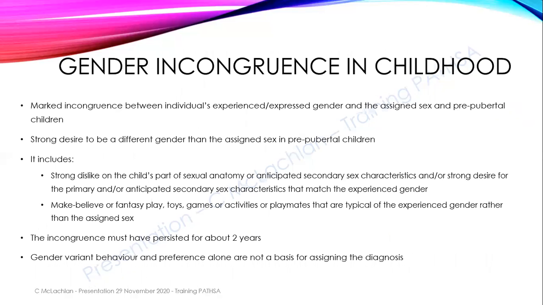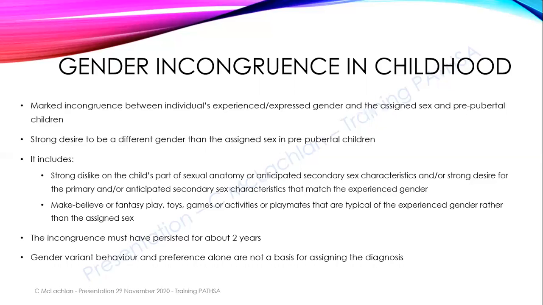They also added gender incongruence in childhood, and this created quite a lot of discussion, and there was even a whole statement released in Cape Town, the Cape Town Declaration, I think that was 2011, where there was a strong feeling that there should not be any category for childhood because there's a lot of diversity there.